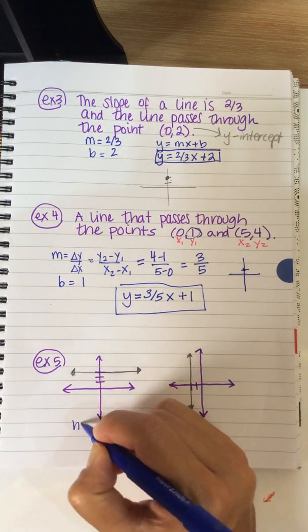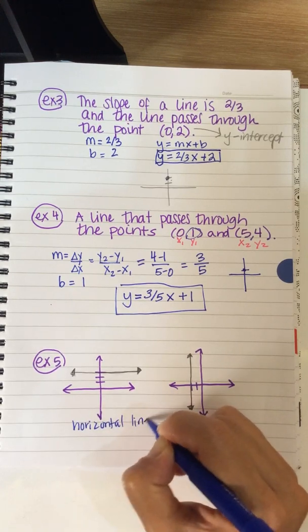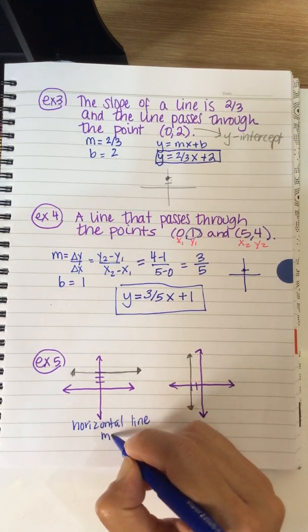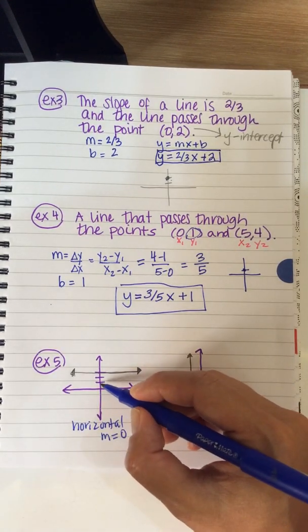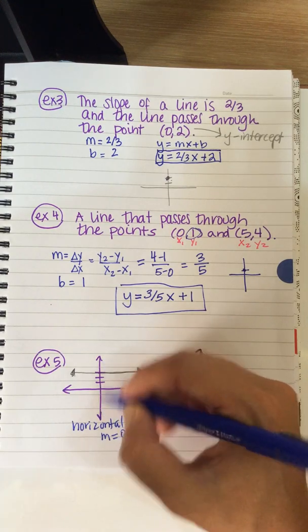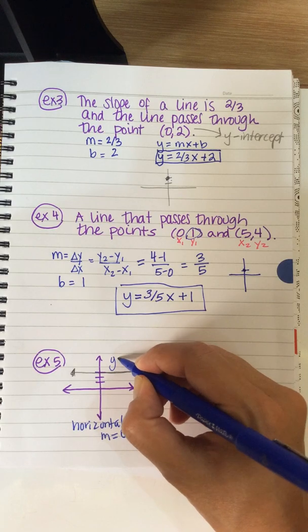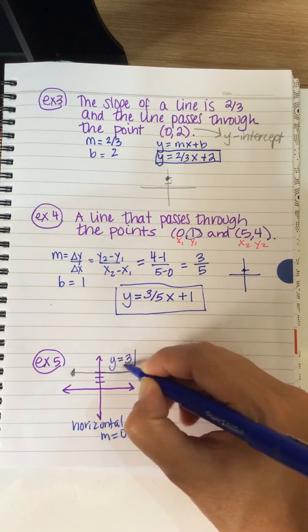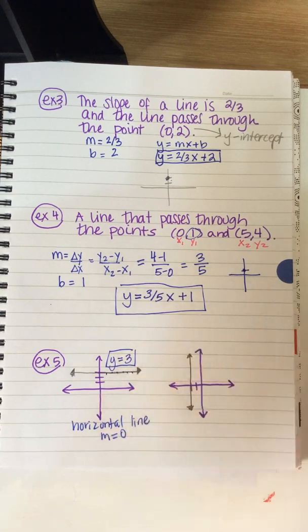So for a horizontal line, the slope is 0. So the equation for this line is, it only crosses the y-axis, right? Sorry, my mistake, it only crosses the y-axis. That's why my equation for this line is y equals 3. Why? Because everywhere I look, y is 3, the whole line.